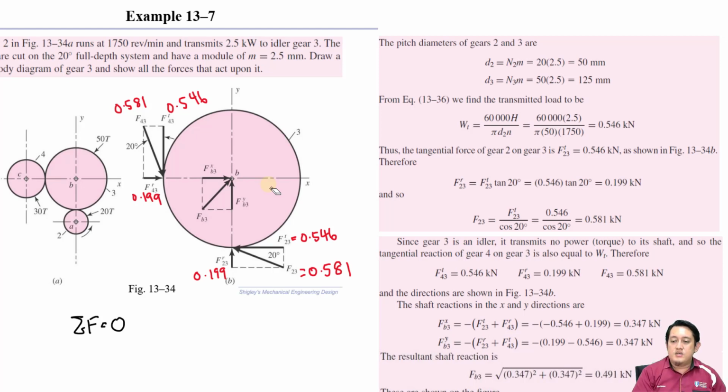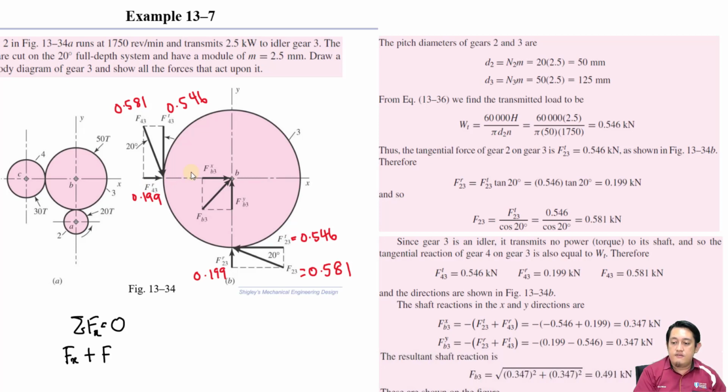Because the force is equal to 0 and we don't know the value of Fx and Fy, the reaction force that we want to find, the total of force in the x direction will be Fx, the force on the shaft here, plus the force of this one here. The x direction here is Fr.